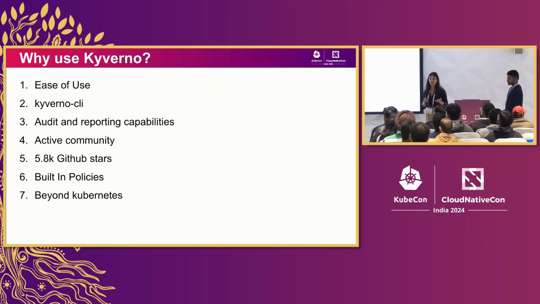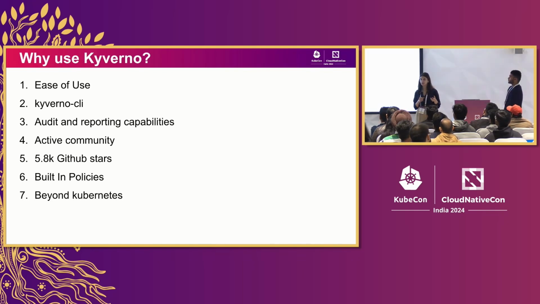So that's our next slide. Why would you want to use Kyverno? Anyone familiar with Kubernetes will know what a deployment YAML looks like, right? Because Kyverno is Kubernetes native, the policies that you write and make sure are present in your cluster look very similar to your regular YAMLs. So it's very easy to use, very easy to understand and get started with. Kyverno offers a Kyverno CLI as well.